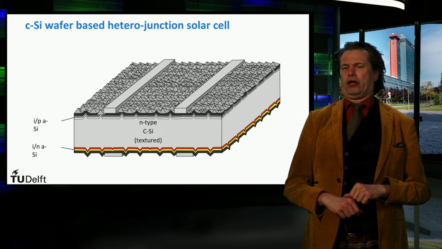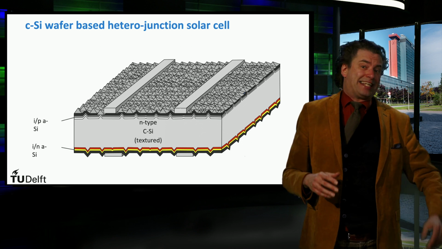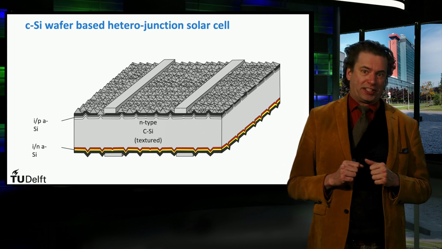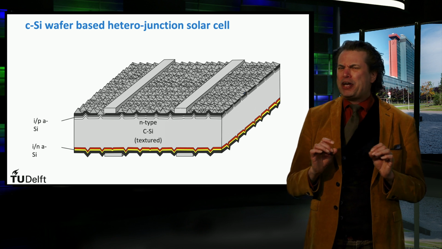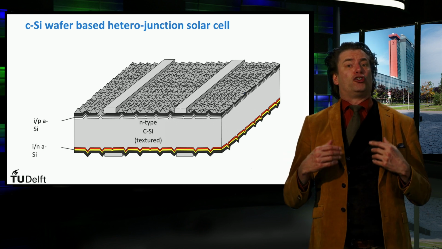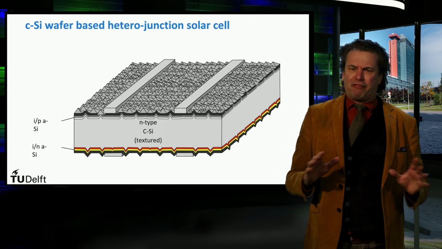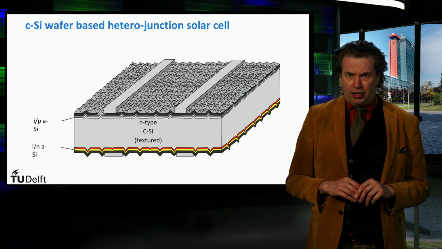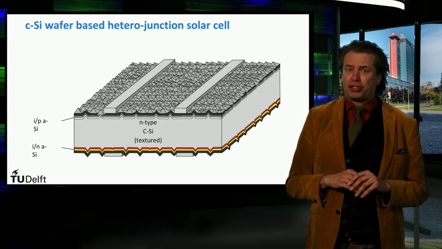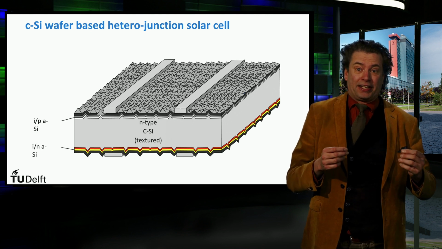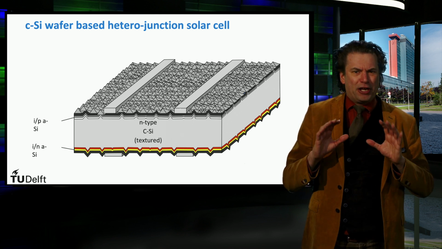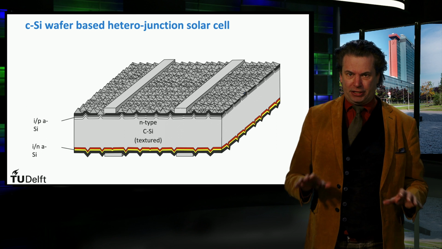As discussed earlier, for high quality wafers like this n-type float-zone monocrystalline silicon wafer, the recombination of charge carriers at the surface determines the lifetime of the charge carriers. The advantage of the heterojunction solar cell concept is that the amorphous silicon acts like a very good passivation material.